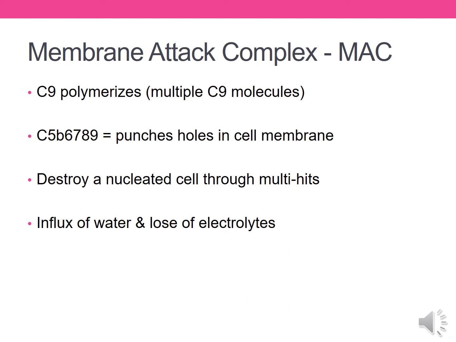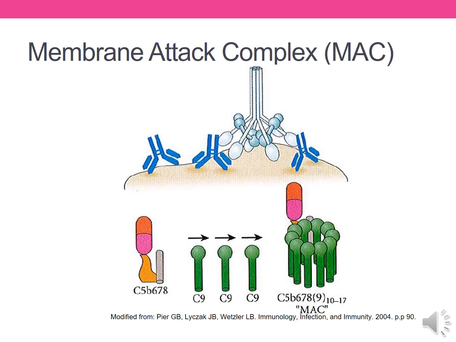Okay, so it will punch through the cell membrane of the cell, and this will create an influx of water, loss of electrolytes, and basically make the cell inoperable. And here is another diagram of this C5b complex.